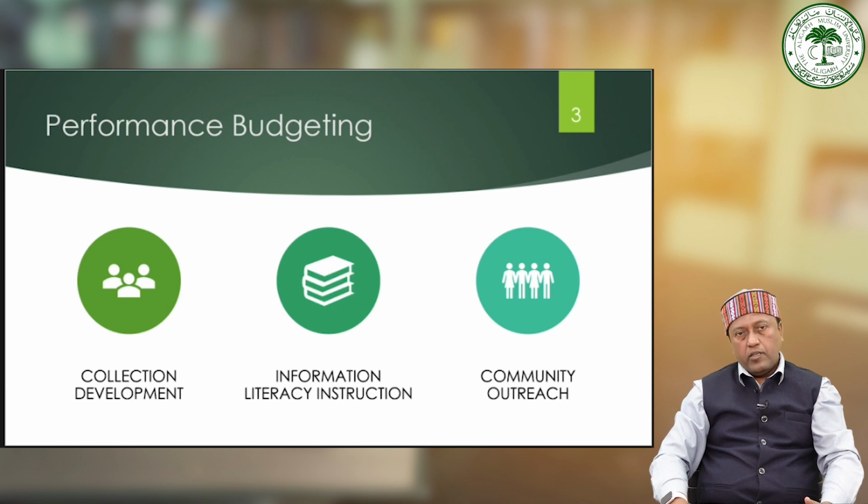For running this program, or for this particular performance, you require only so many people, because you will be collecting data from different libraries, and then you can justify how many people will be required for managing so many books for both classification and cataloging.